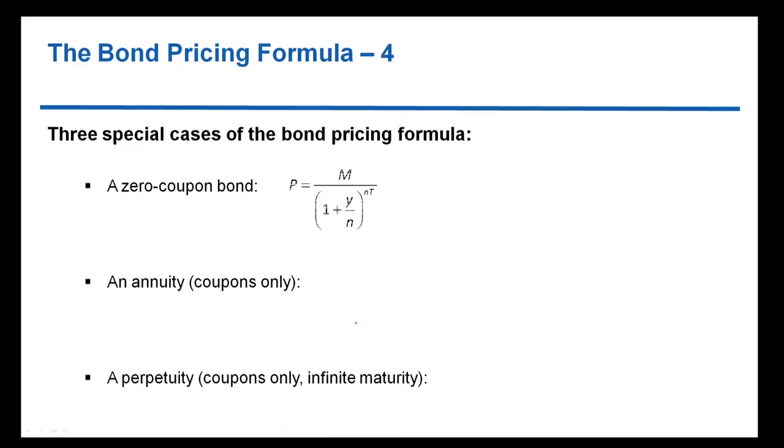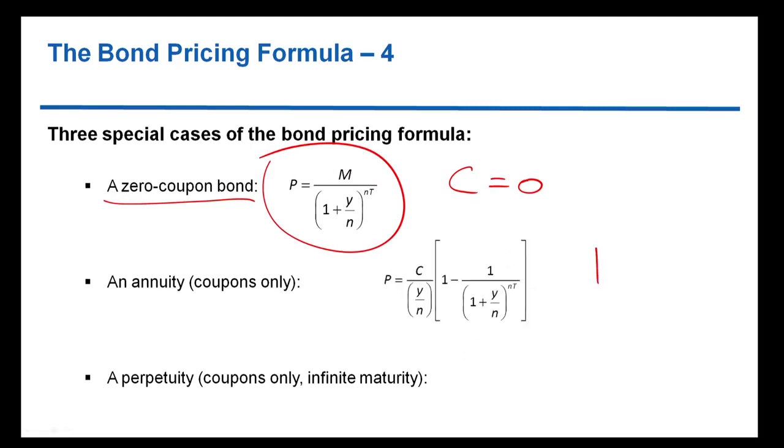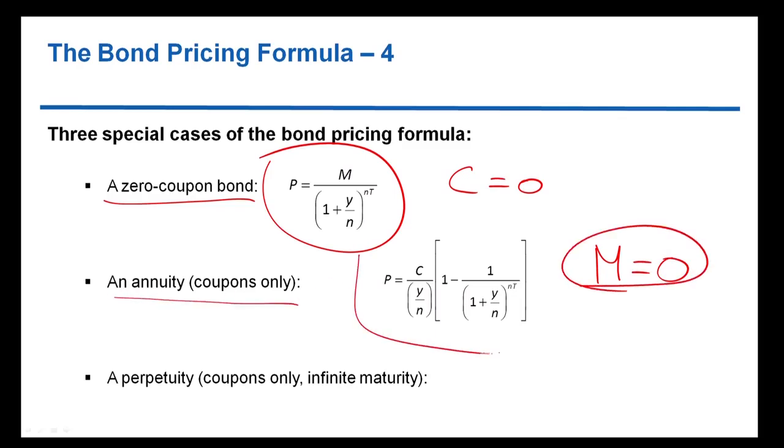Now that we have introduced the bond pricing formula, we can distinguish three special cases. The first case is when we have a zero coupon bond. In this case, C is equal to 0, and therefore the bond pricing formula reduces to this, so that the price of the zero coupon bond is simply equal to the discounted principal back to present. If the principal is equal to 0, so if the bond is irredeemable, then the bond pricing formula is reducing to an annuity, right?